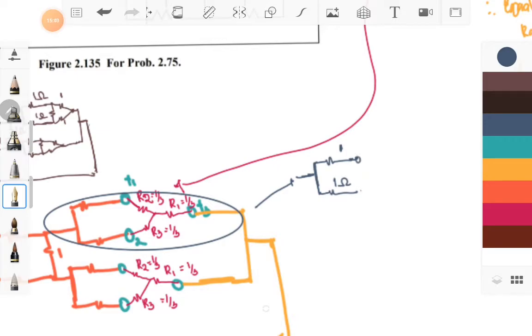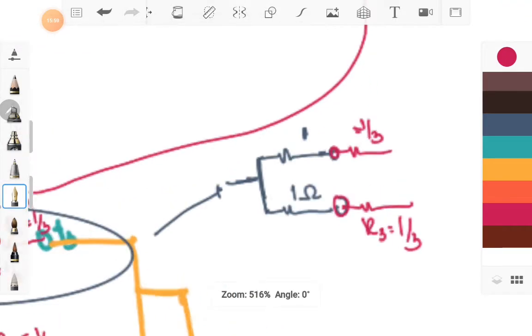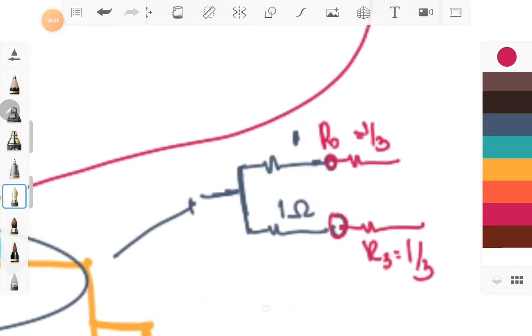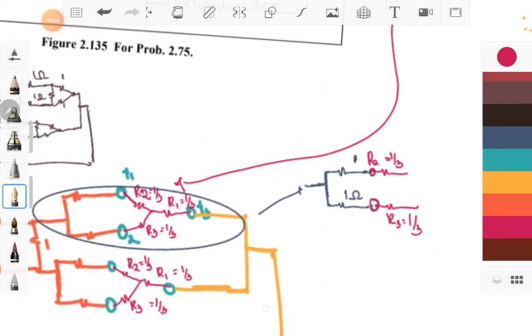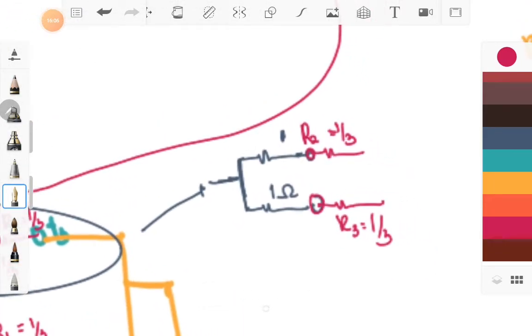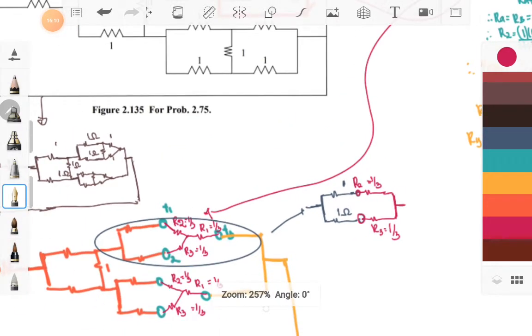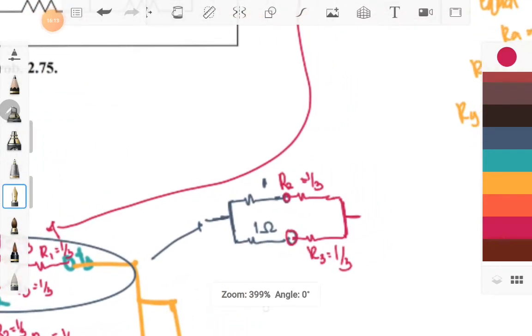So, gawin natin muna siyang pink para makita nyo din na this will be your T1, or your R2, which is equal to 1/3. And then, nakakonect ito sa R3 mo, which is equal to 1/3. So, this is R2. And then, this connection is connected to your R1. Nakaway siya sa R1 natin. Okay? So, R1.